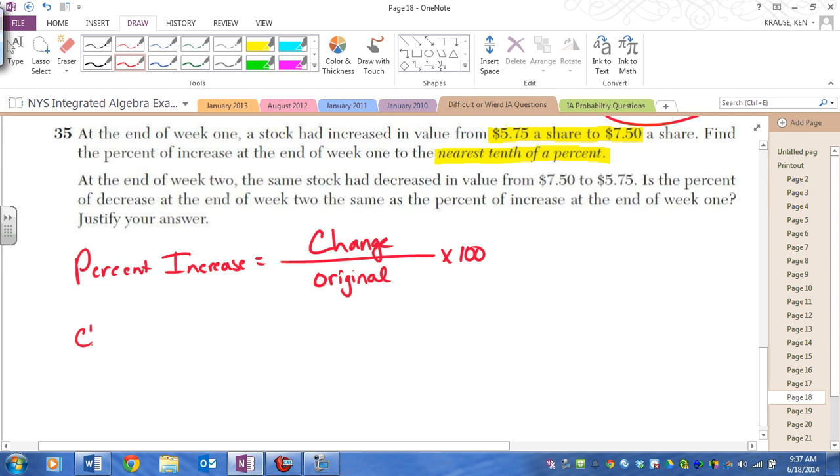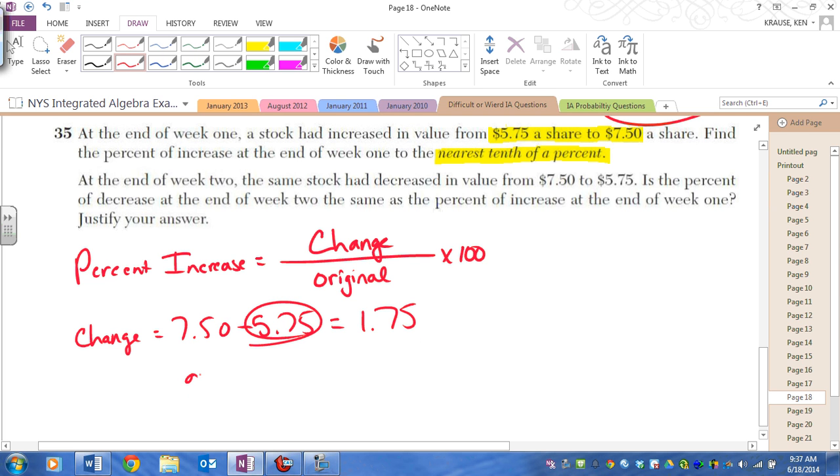So to figure out the change, we'll just subtract, so 750 minus 575, that's almost $2. I would say that's $1.75. Make sure you check things on your calculator, those of you that actually do things in your head, just to make sure. I like that the kids do things in their head, but I also want you to check it. And so the original price was $5.75.